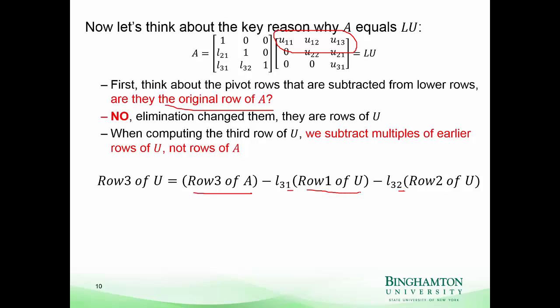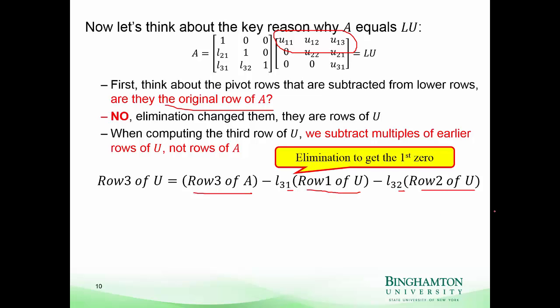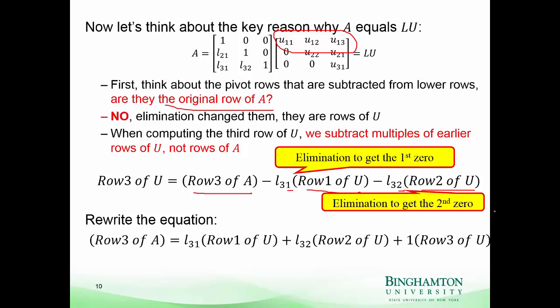So we use row 1, not of A, but row 1 of U and row 2 of U. So that's the elimination to get the first 0, and that second term is the elimination to get the second 0.